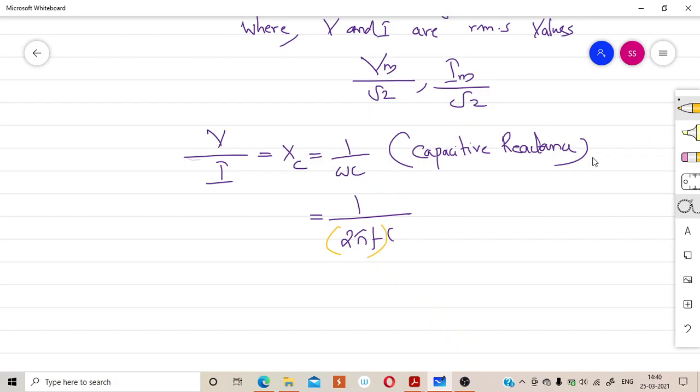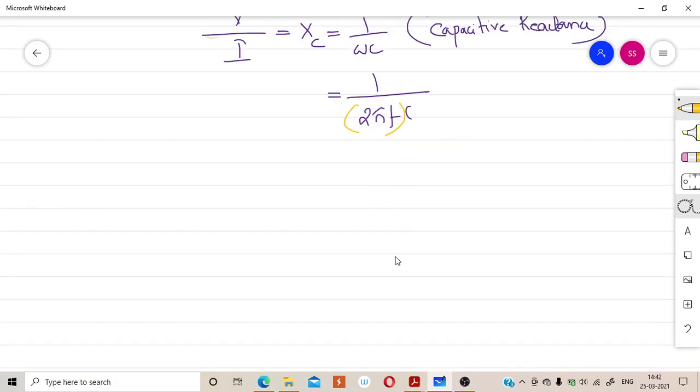Again, the unit of this capacitive reactance is ohm. Why? Because we have V by I. In general it is resistance, and the unit of resistance is ohm.